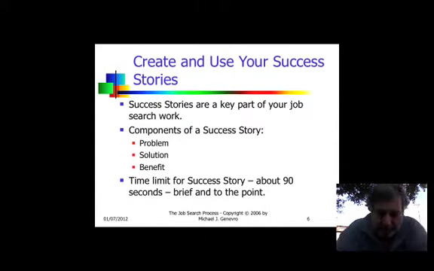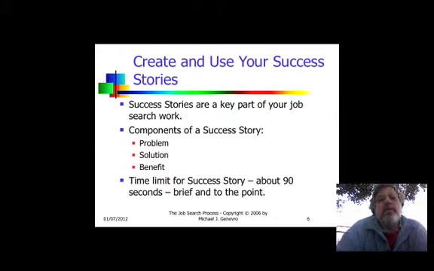Okay, success stories. What I'm talking about here are stories based on your experience that illustrate how you have successfully addressed problems.